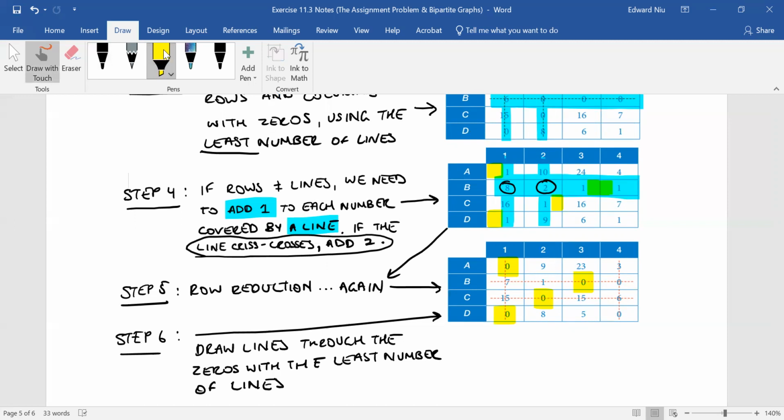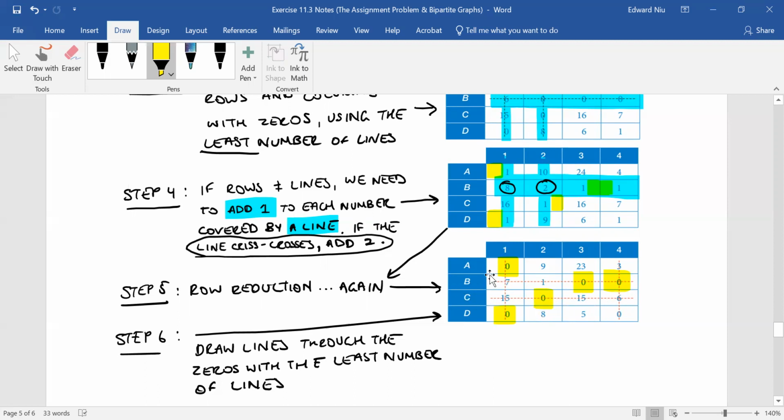And now what you see is we've actually got all these zeros, right? So we have to strike a row for B because there's 2 zeros. We have to strike a column line for 1 because there's 2 zeros. And then we either have to go vertically or horizontally through C or 2 to cover this C2 0.